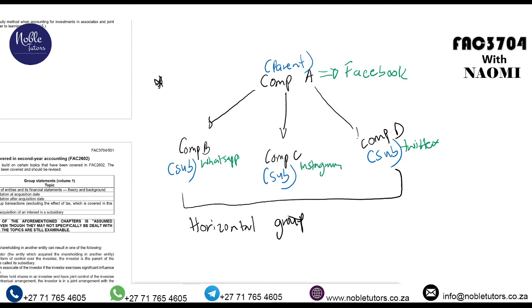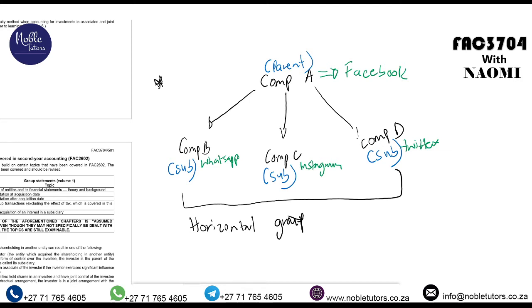So what happens is these companies will have their own separate financial statements, and at the end they will consolidate. So I'm going to go into consolidation from here. I'm just introducing consolidation. I've explained to you the business combinations that we could have, and I'm telling you now about consolidation. What they do is they consolidate only the financial statements.